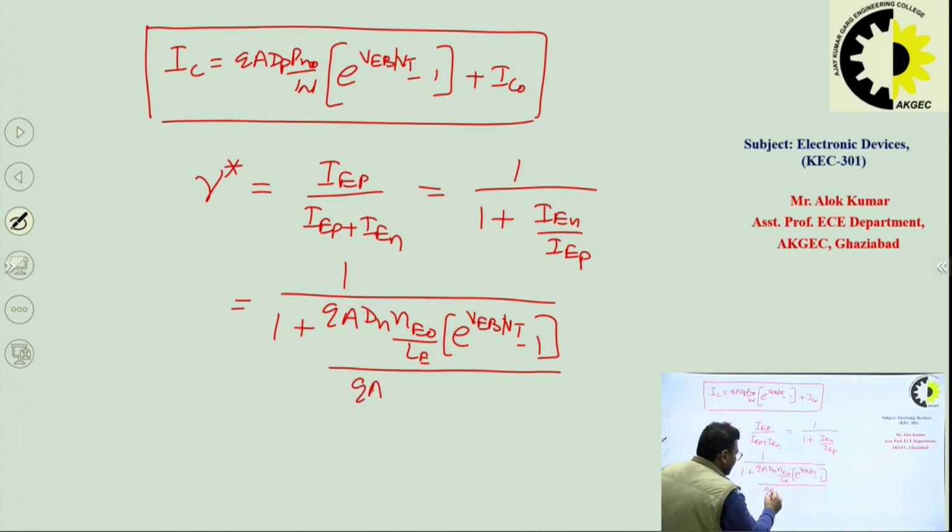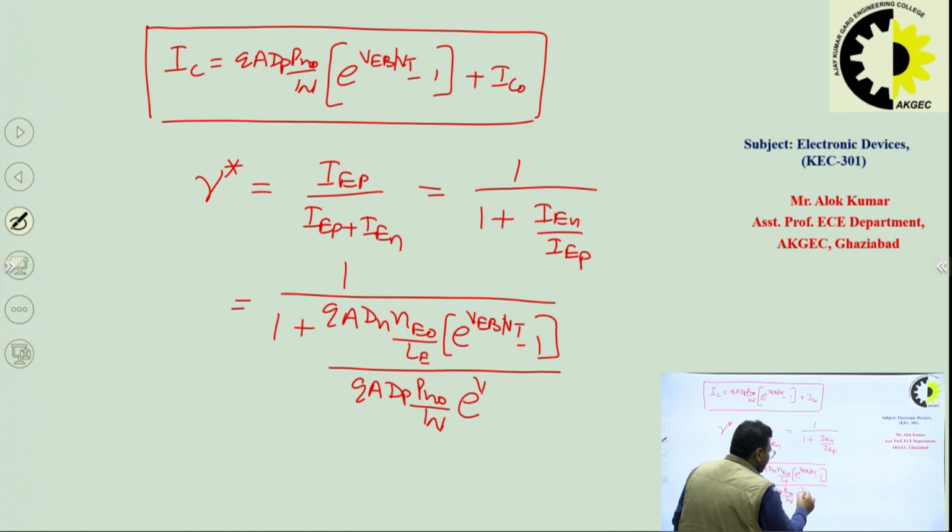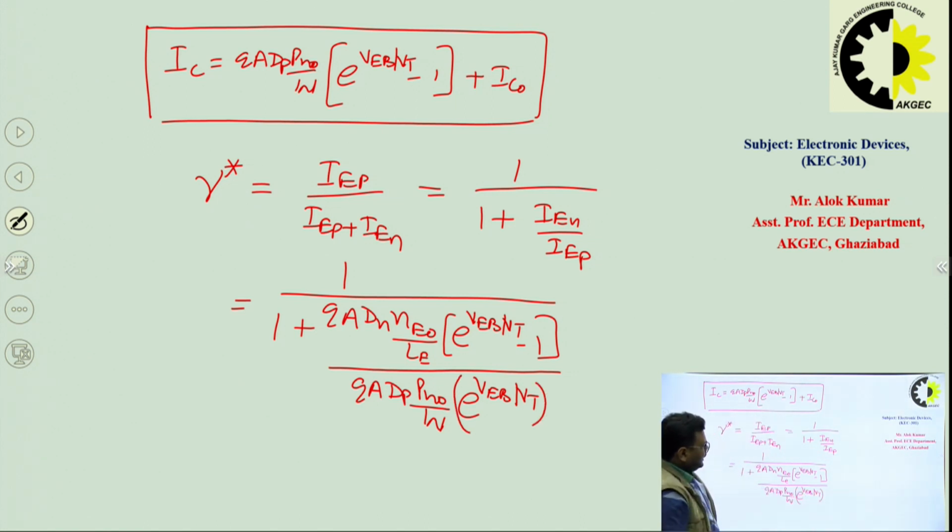It is QA dP P naught upon W into e to the power VEB upon VT, right? So if I consider this VEB is too small, so these values will be almost equal. So we can neglect, or we can cancel out these terms, and this QA will be cancelled out by this. So what will be the final value?